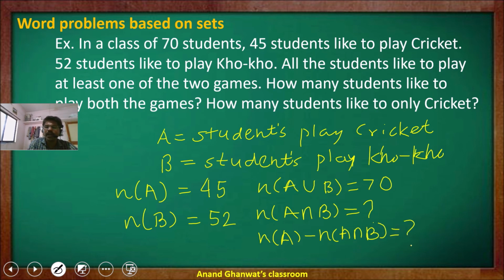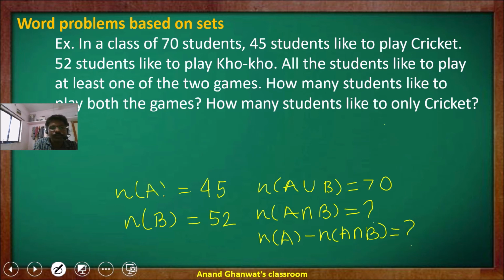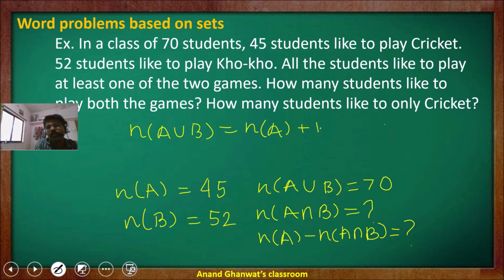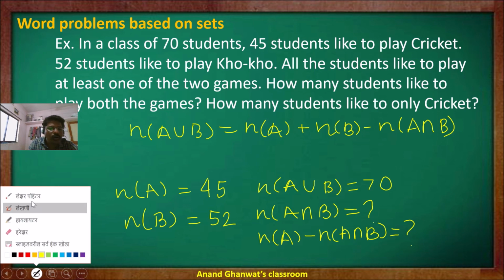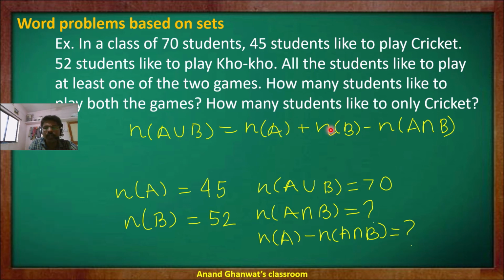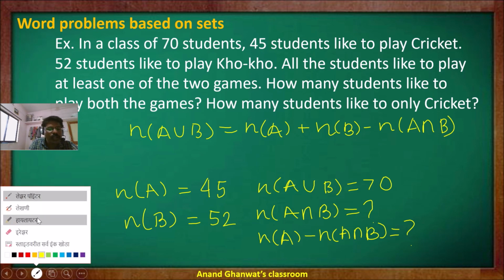So let us find now using the formula. The formula is n of A union B is equal to n of A plus n of B minus n of A intersection B. Note that here we know the value of A union B and we know the values of A and B, but we have to calculate the number of elements in A intersection B. So put all the values which are known.